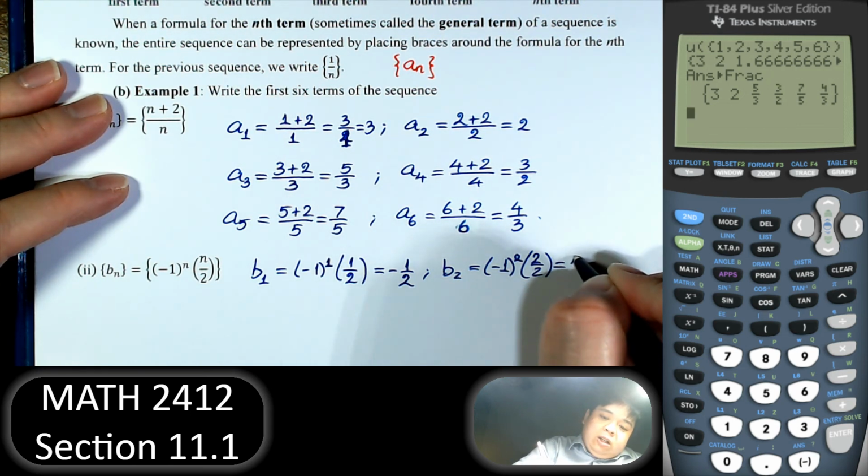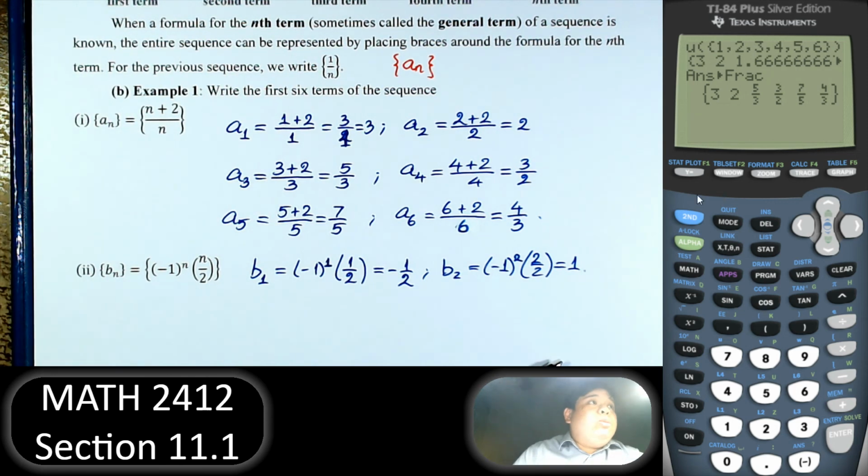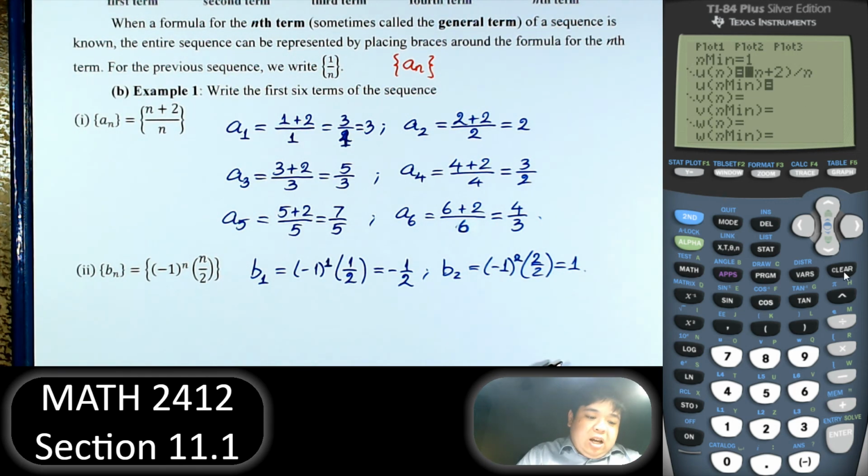If we put it in the sequence instead, we have negative 1 raised to the n power times n/2.